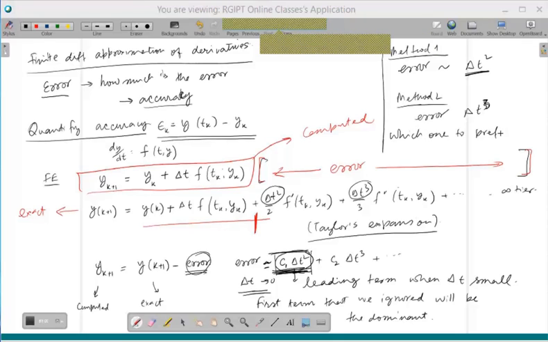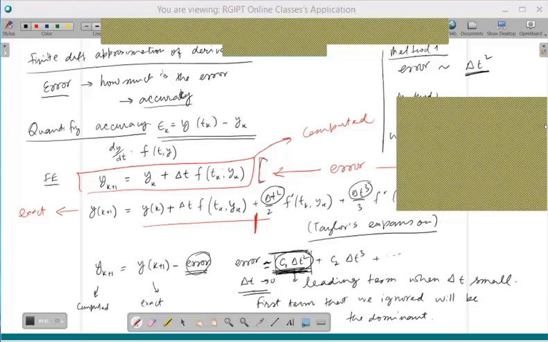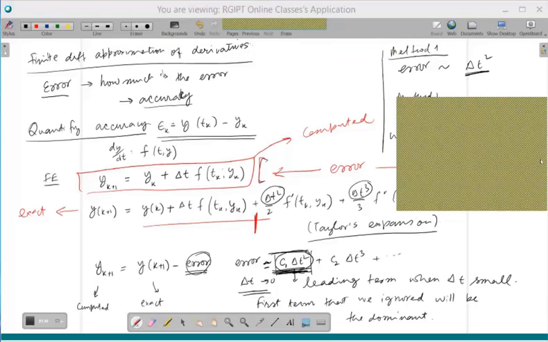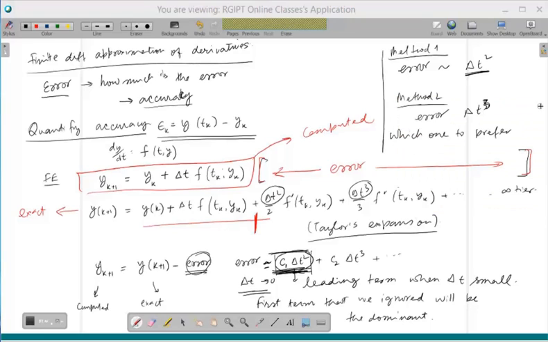Can anyone answer me? Yeah, absolutely right, because I wanted to be more accurate. Absolutely, that's correct. Because as delta t becomes small, error will be even smaller here as compared to over here, right? So we all know that.